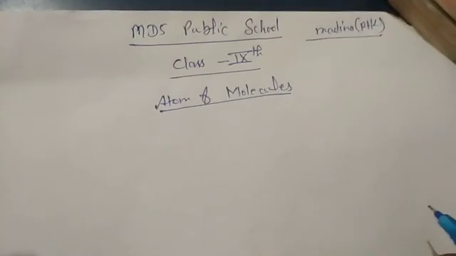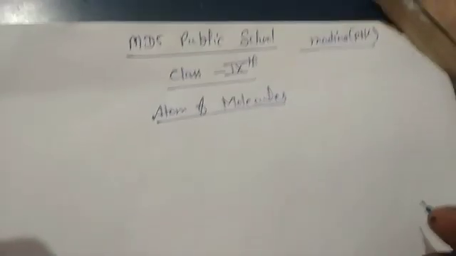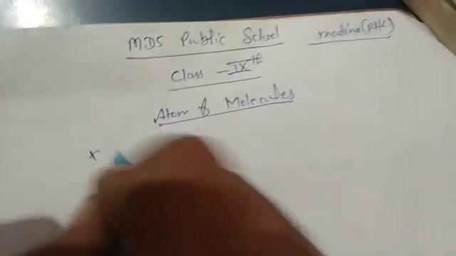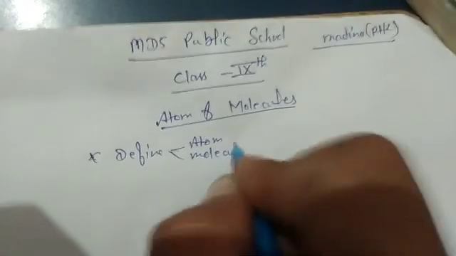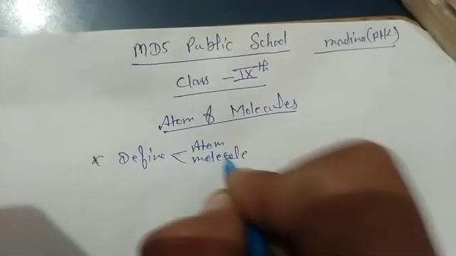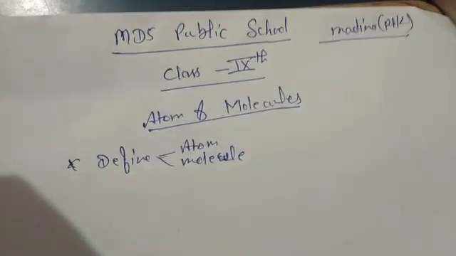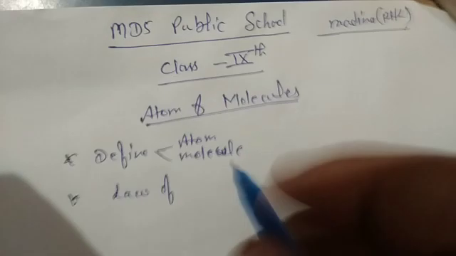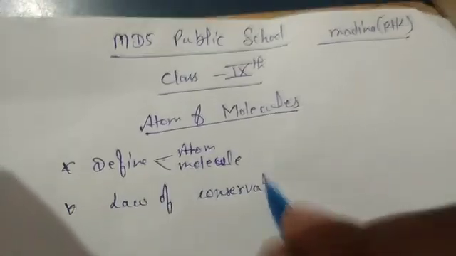Hello, dear students. In the previous lecture on atoms and molecules, we studied how to define them, particularly atom and molecule. The atom cannot exist singly, that's why atoms form molecules. Second, we studied the laws of chemical combination, first the law of conservation of mass, given by Lavoisier.